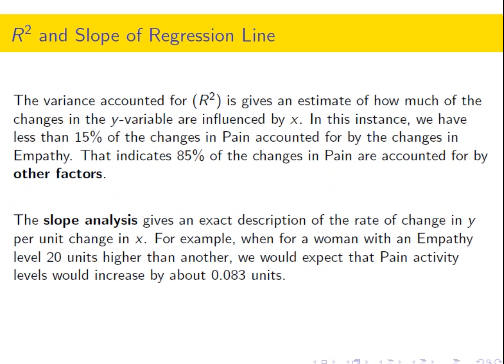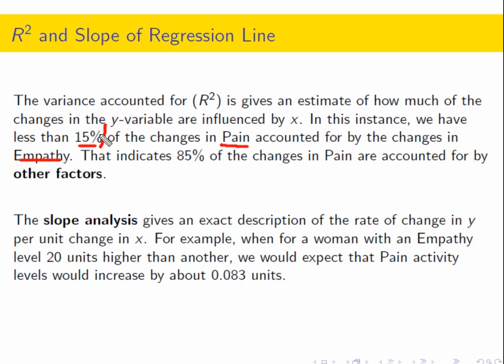Now, for the coefficient of determination, r squared, it's really useful. So this gives us a little more detail. The correlation is a coarse measure. The r squared gives us a little finer detail. It says, all right, we have about 15% of the changes in this pain activity variable being accounted for by those empathy scores. Okay, that's good.